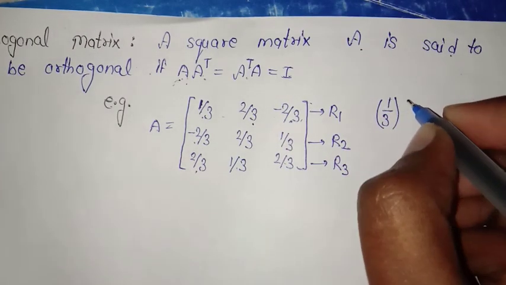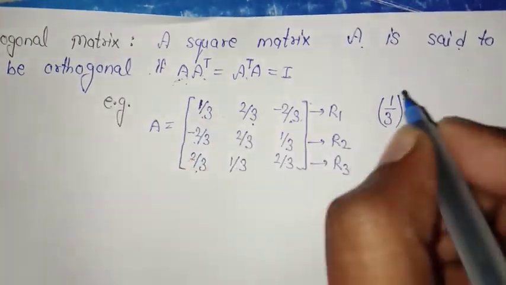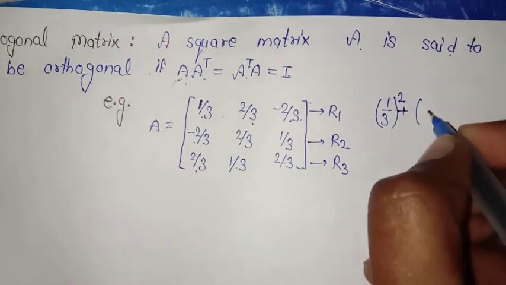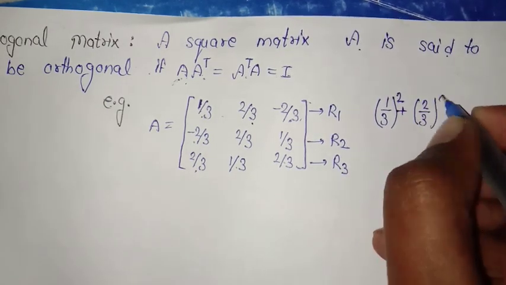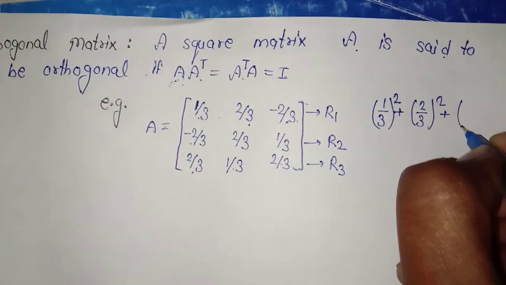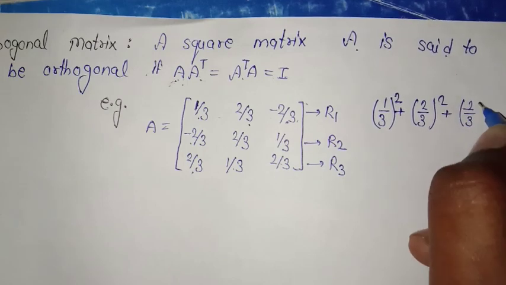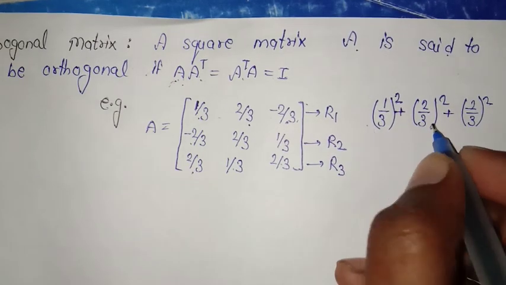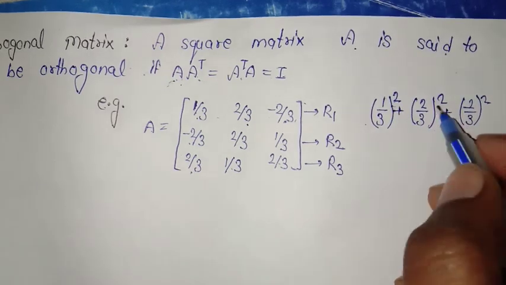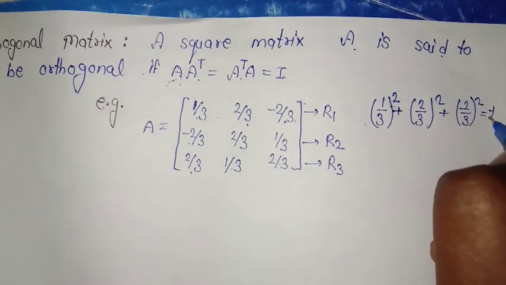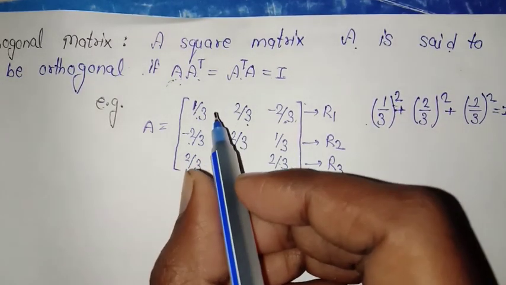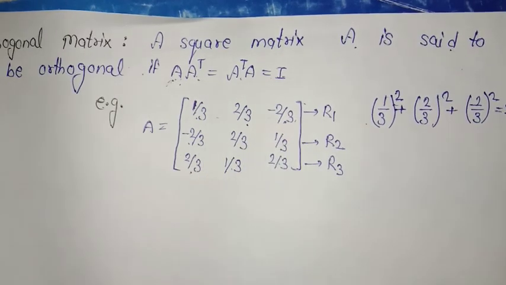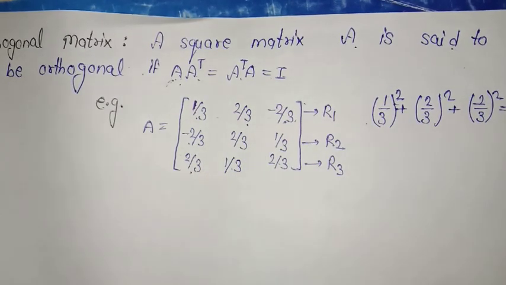So let's check it out. (1/3)² + (2/3)² + (-2/3)². This is the sum of squares of the row elements. If we solve it, we get 1. This implies that this row satisfies the property of an orthogonal matrix.